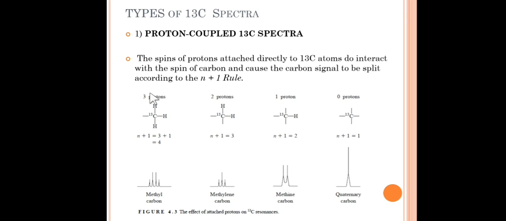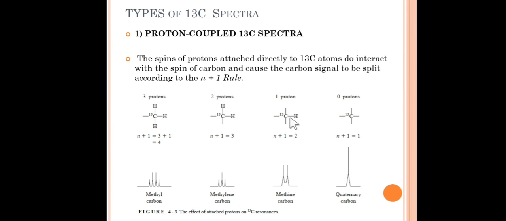Let's see by example. If we have this C13 and 3 protons attached to this carbon, then it will show 3 plus 1, that is a quartet, 4 signals. If we have a carbon attached to 2 protons, then it will split according to the n plus 1 rule, 2 plus 1 is 3, so it will show a triplet.